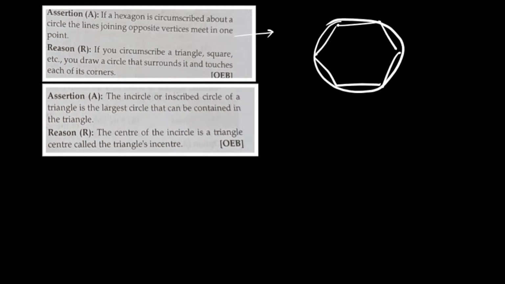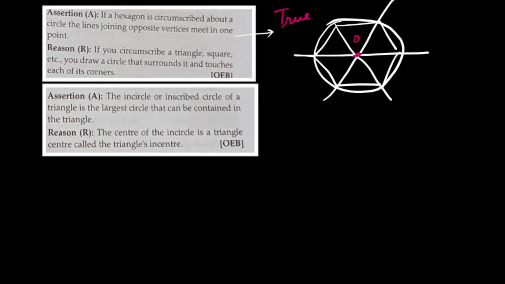The line joining the opposite vertices, this we learnt in symmetry also. When you join opposite vertices, yes, they will meet at one point. I'm showing you also. They are meeting at one point, and this we did while drawing the lines of symmetry also. One second or third question we did. So that means first one is true.